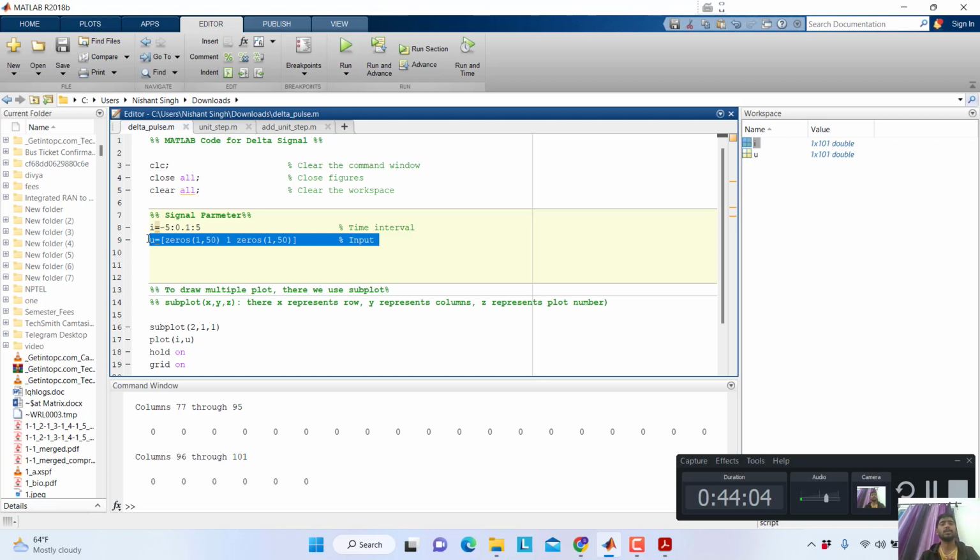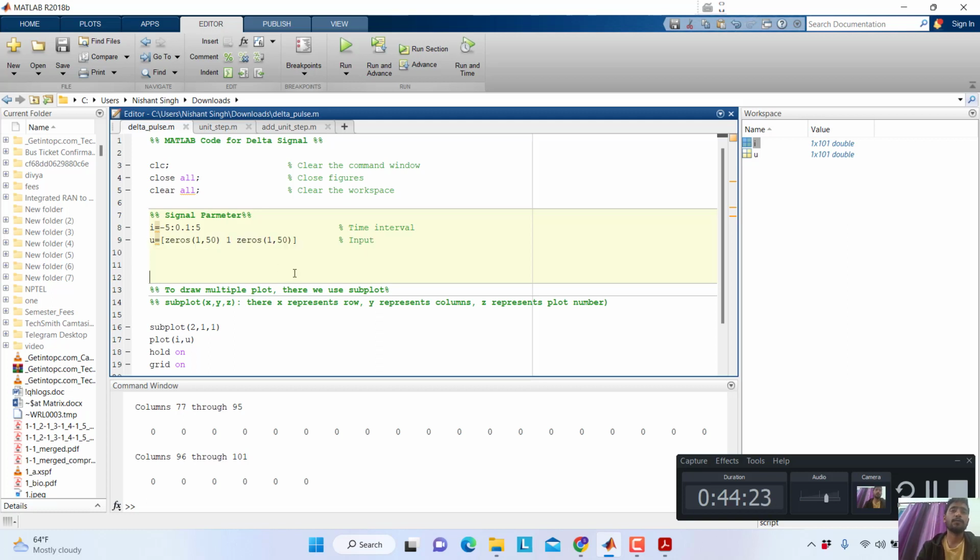So we consider 101 time points, and it will be 1 at t equal to 0, and the other values will be 0.